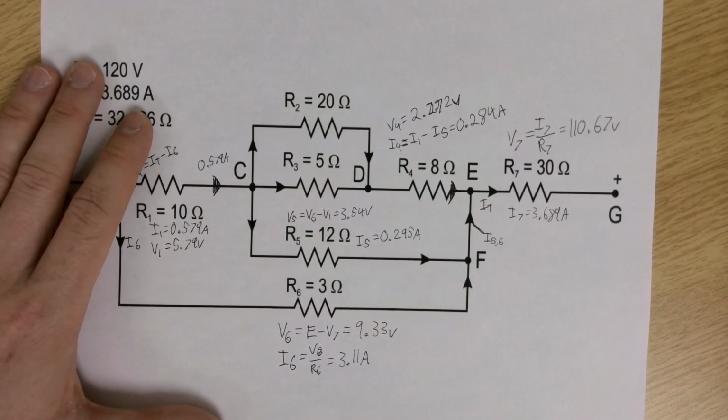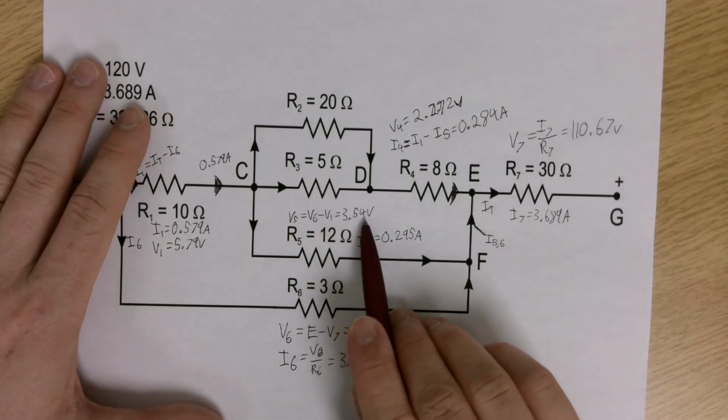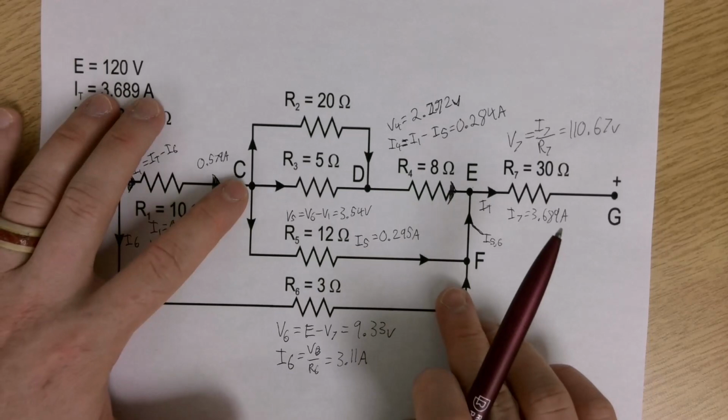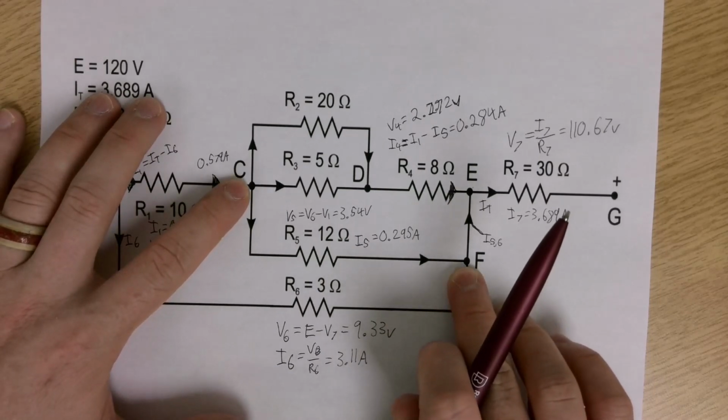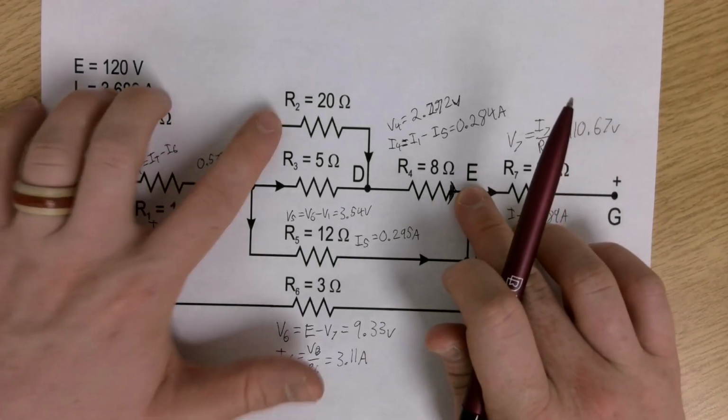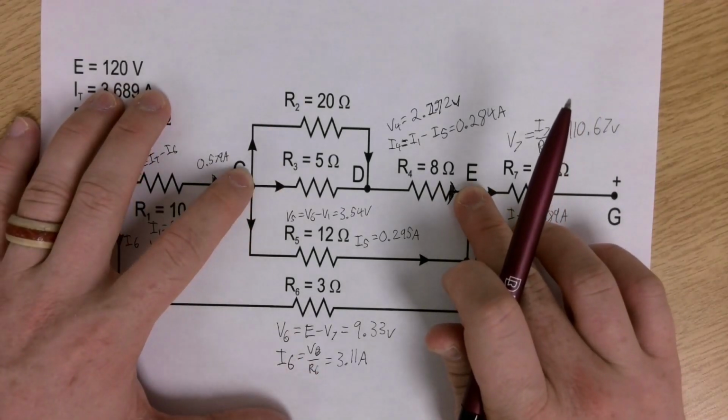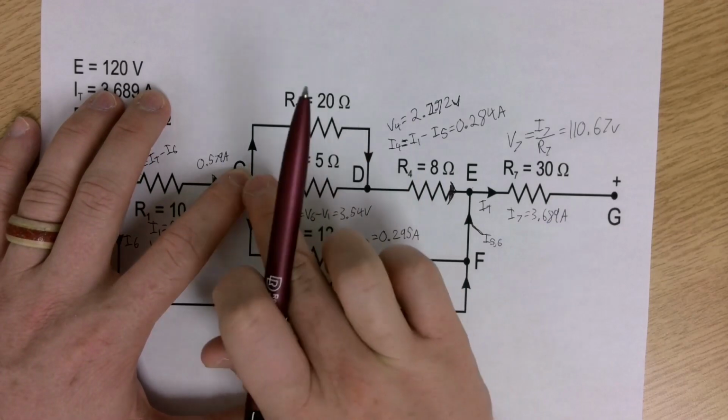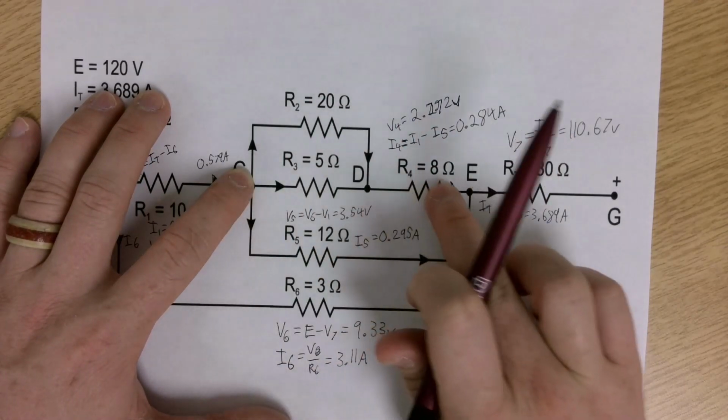And since I know that 3.54 is the same as the voltage of 2, 3, 4, but 2 and 3 are in series with 4, that means this 3.54 gets dropped across this whole part of the circuit.